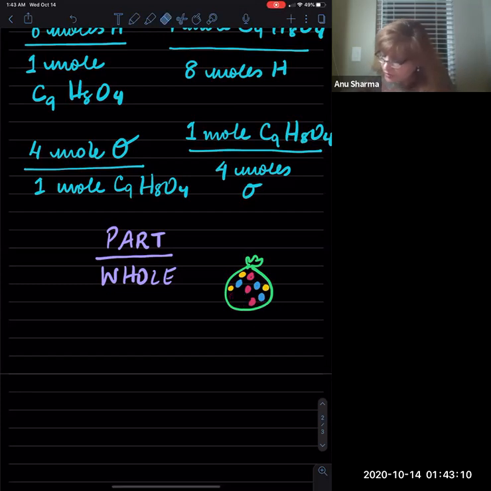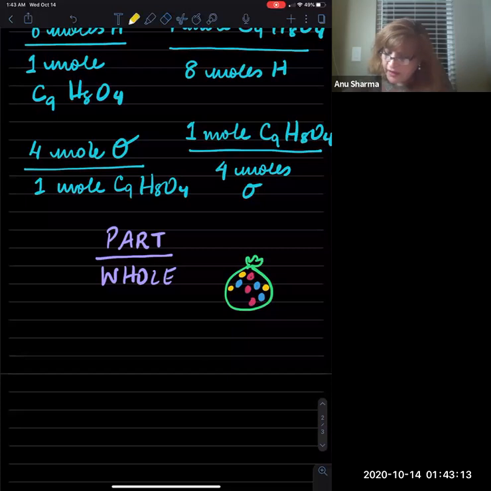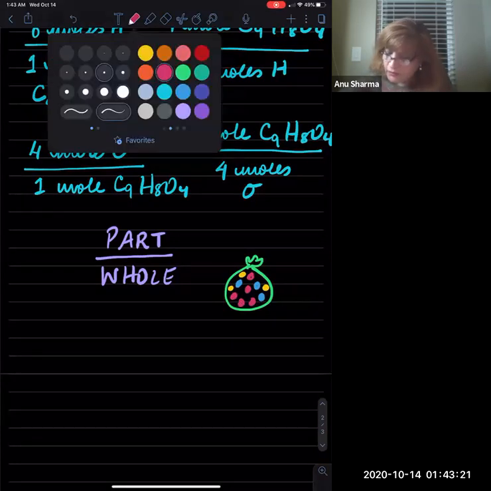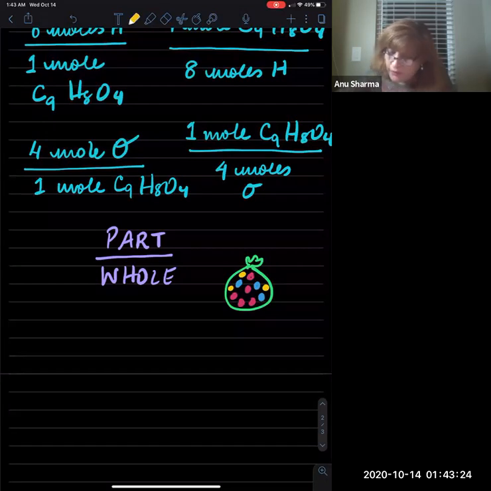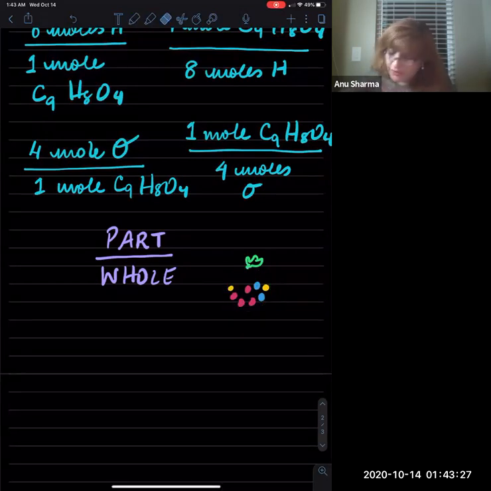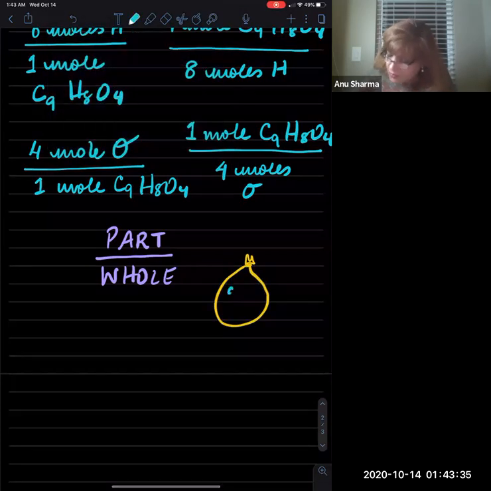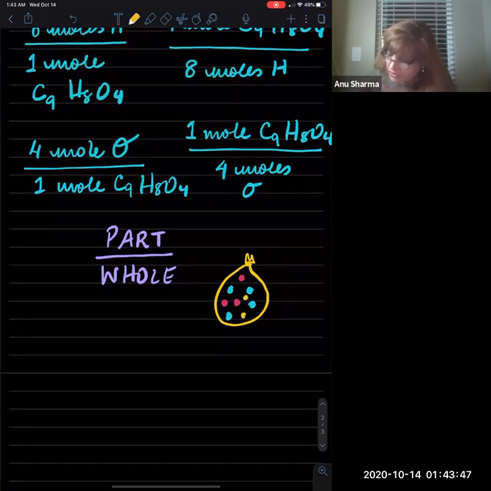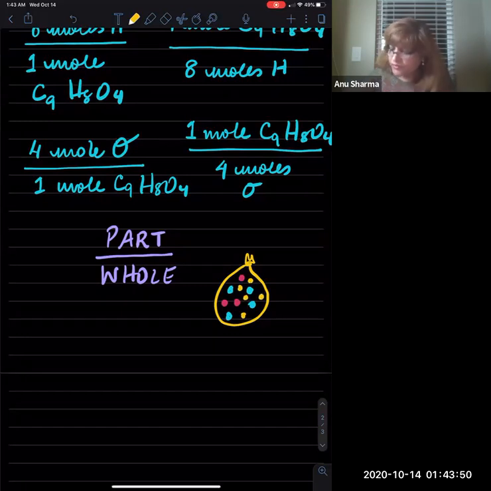So 1, 2, 3, 4, 5 blues. Okay, anyway, this is our bag, a goodie bag in which we have some candies. So 1, 2, 3, 4 blues, and we have 1, 2, 3 reds, and then we have 1, 2, 3, 4, 5, 6 yellows.